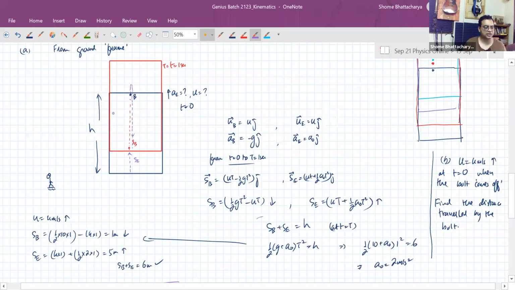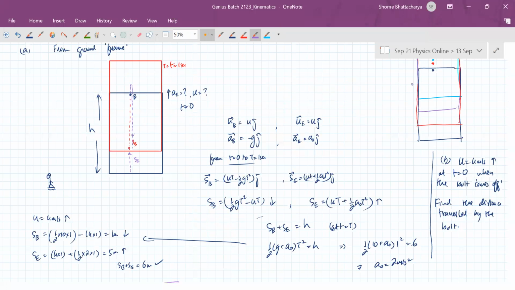Yes, sir. So this is part A solved in the ground frame, right? You want to see this or the relative motion one? This one. Okay. Done.